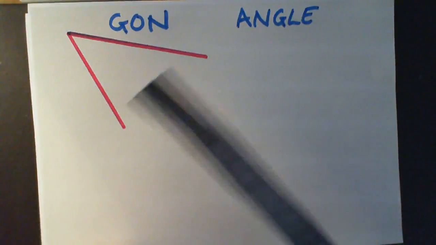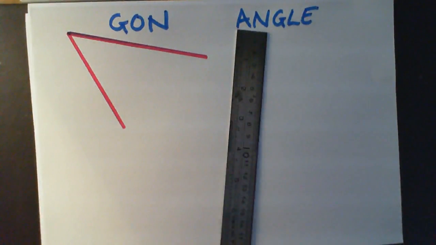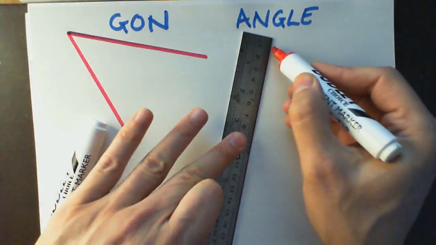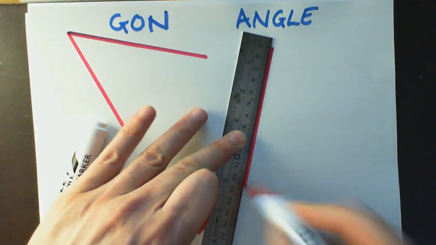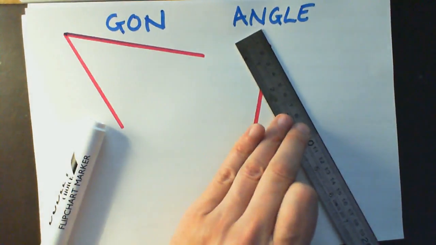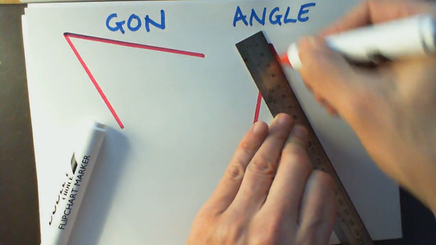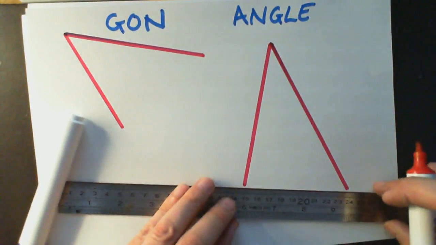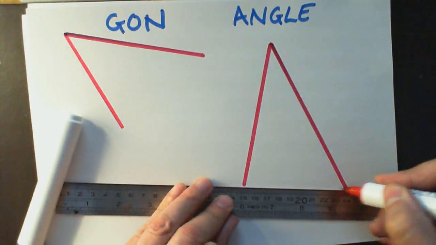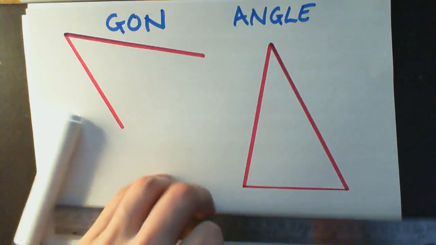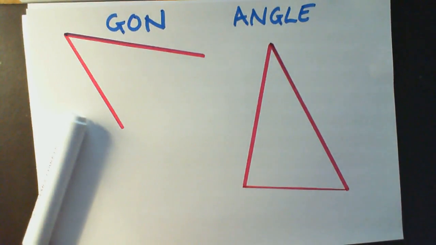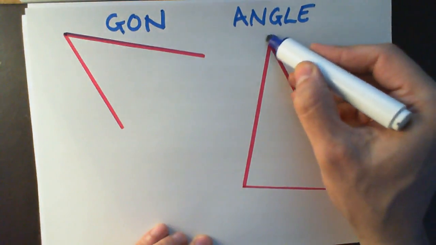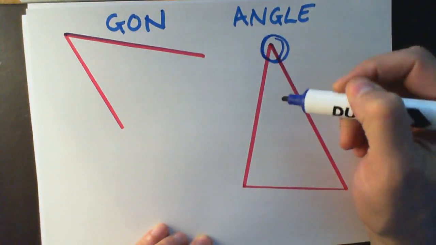If I were to draw a triangle, let's draw one here. Nice big triangle. It's not a very good one. Well, I suppose it's okay. Then the top of the triangle, here's the top of the triangle, up here. Right?